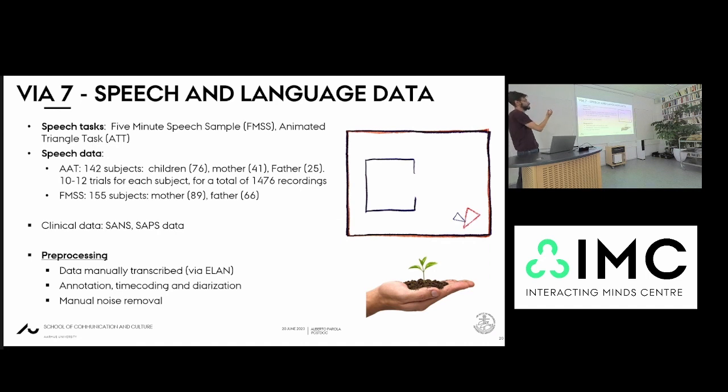This is a task that is generally used to measure the expression of emotions. And then we also have the animated triangle task that was performed both by the parents and the children. These are the data that we have assessed until now, and we have also preprocessed them. So we have 142 subjects for the animated triangle task and 155 subjects for the 5-minute speech sample task.